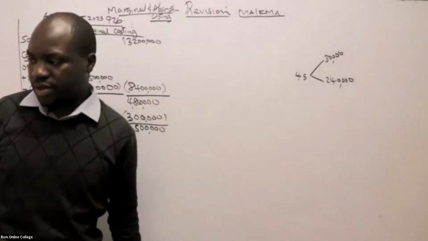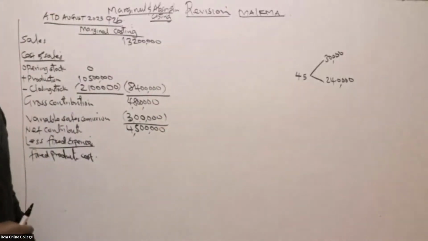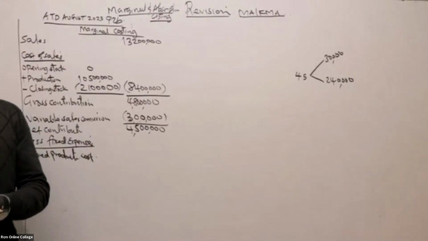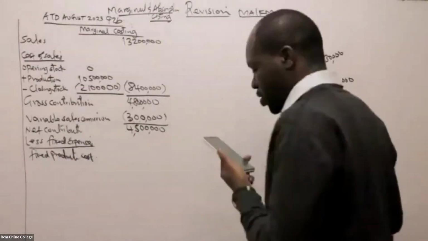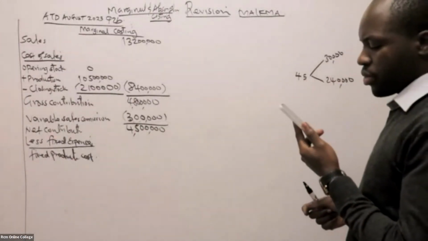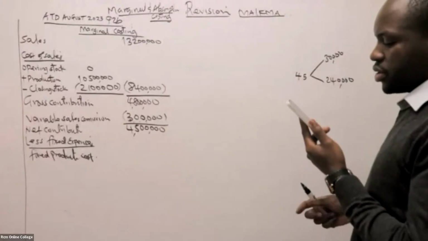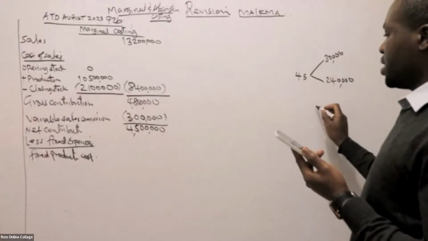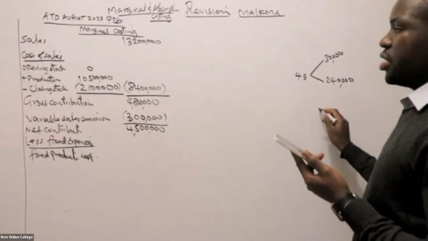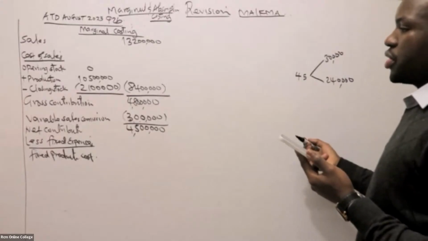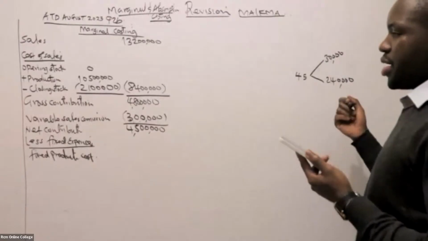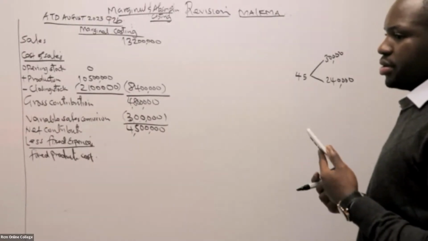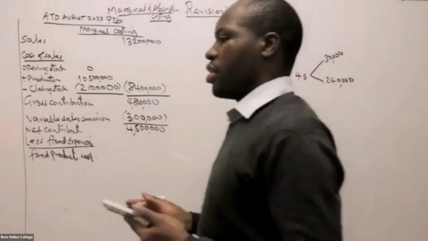It is written off as an expense in the income statement. So what is the fixed production cost? It was 90 shillings per unit multiplied by the units that were produced. So 90 by 30,000 will give us 2,700,000.